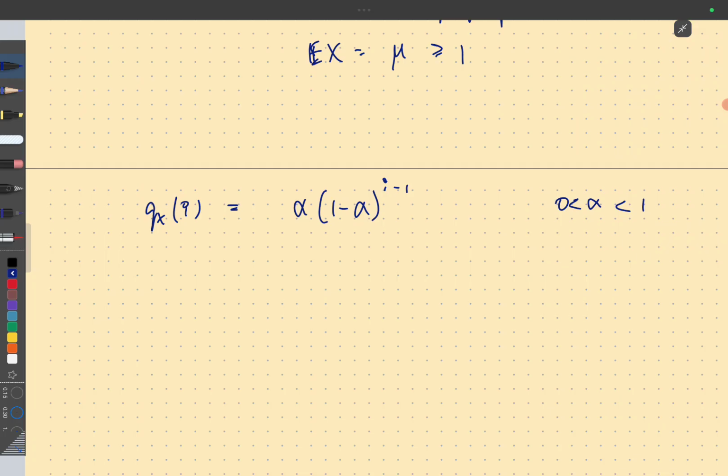What is the mean of this particular distribution and what is the entropy of this distribution?